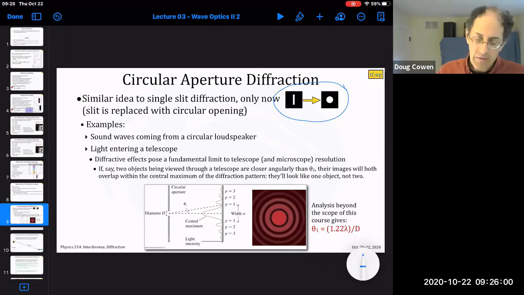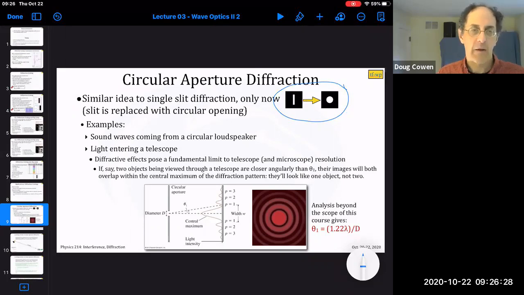It turns out that the diffraction through a circular opening, whether it's on a telescope or a microscope or whatever, gives a fundamental limitation to how good a job these devices can do at resolving images, at figuring out, oh, there's something there, and right next to it, there's something else.